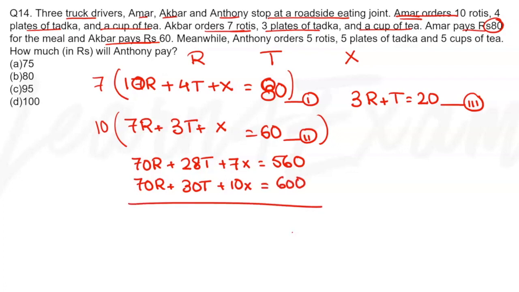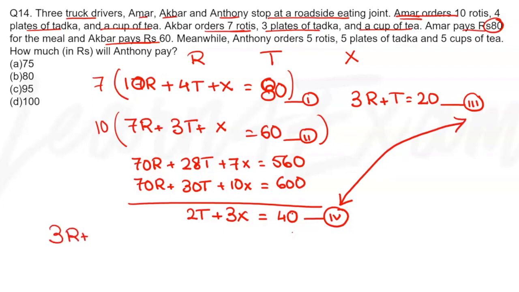Subtract these two, I get the value of 2T plus 3X to be equal to 40. Right? Let this be 4. Now if I add 3 and 4, I get 3R plus 3T plus 3X to be equal to 40 plus 20, or 60, or the value of R plus T plus X to be equal to 20.